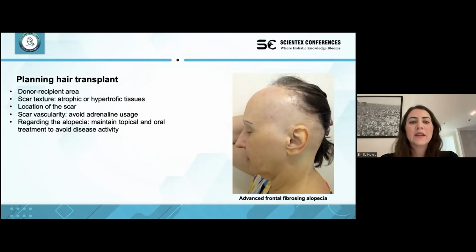And when we think about scar vascularity, we know that the vascularity of the alopecia area is already compromised due to scarring, so we must avoid adrenaline usage. And regarding the alopecia, we must maintain its treatment during and after the hair transplantation, so we can maintain topical and oral treatment to avoid disease activity.